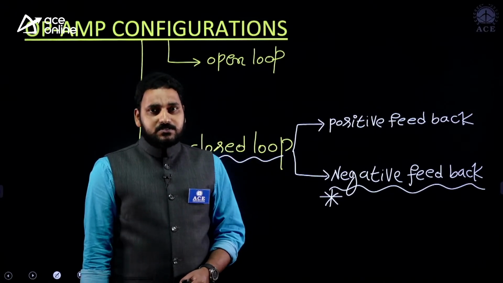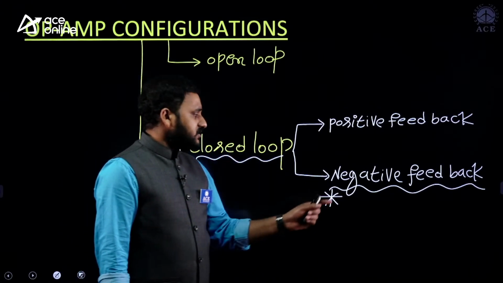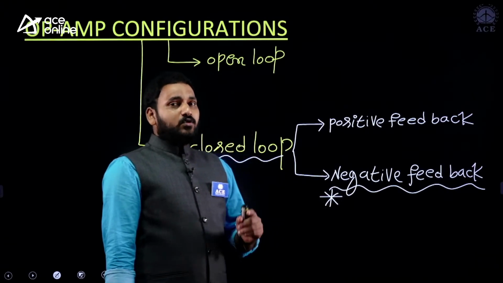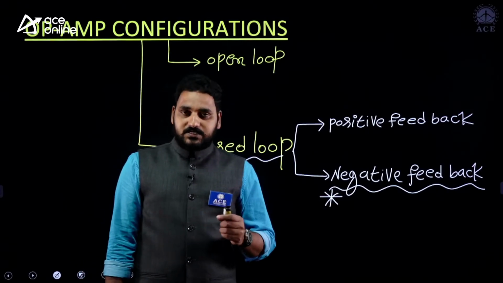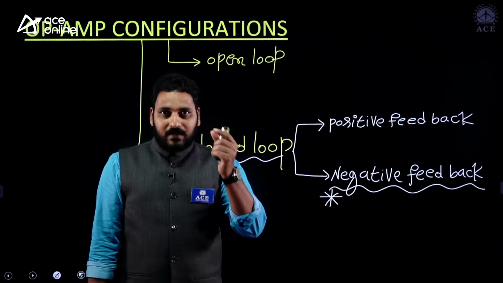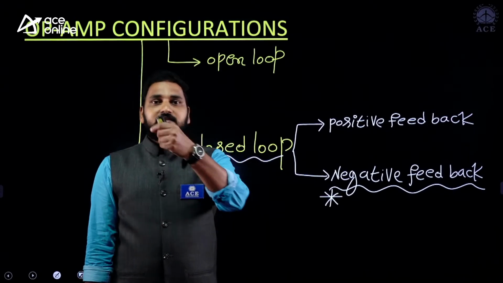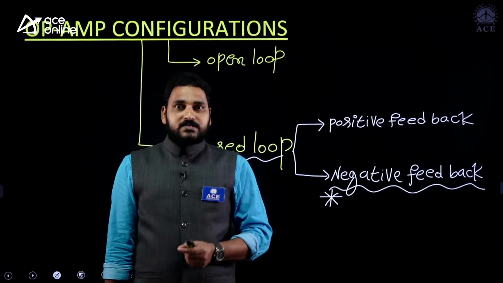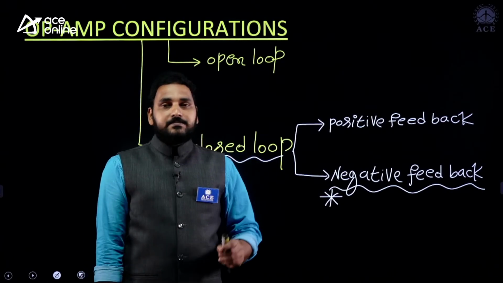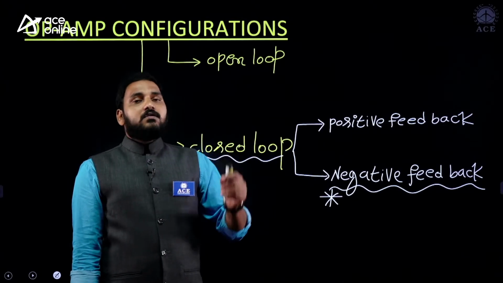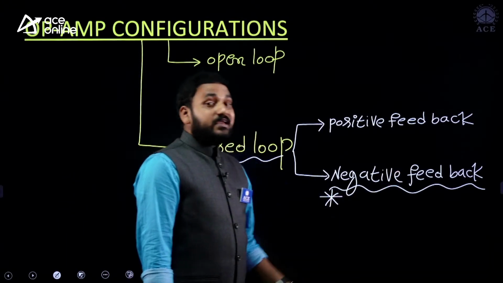There are so many things. Not only that, different types of amplification, addition and amplifying that sum, subtraction and amplifying that difference. That means adder or summer and difference amplifier, buffer, all these applications are found under negative feedback.